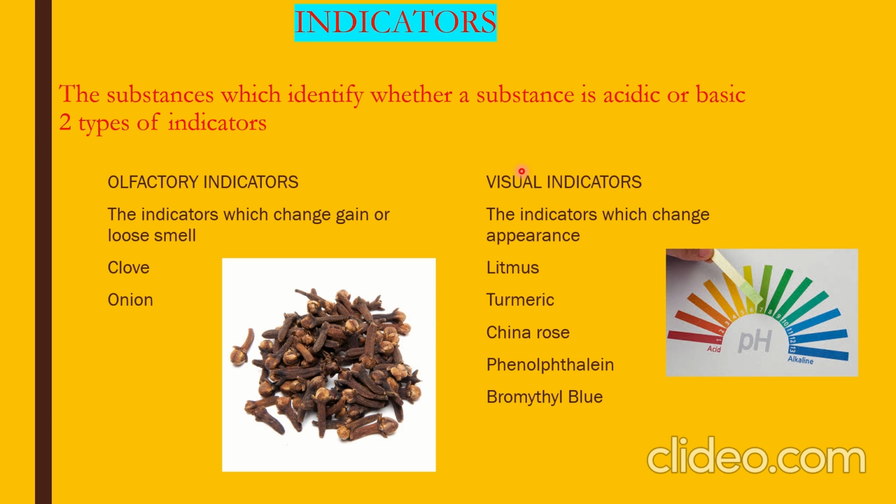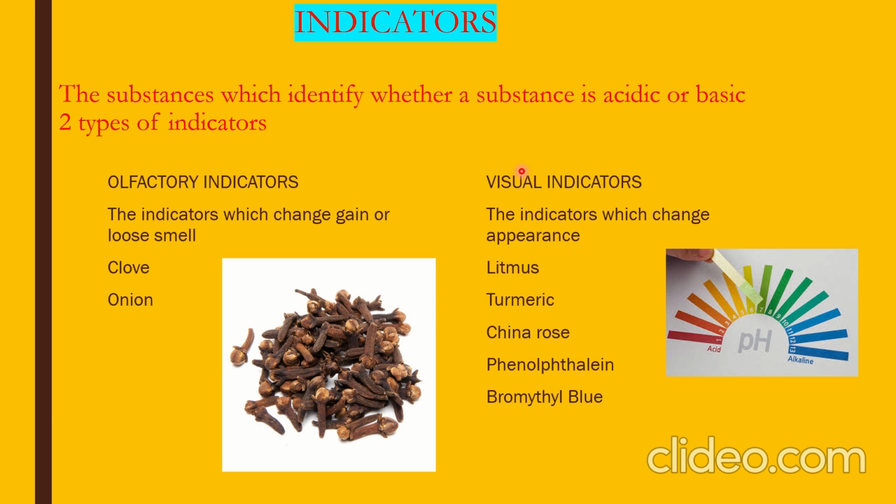We won't go very deep into olfactory indicators because we'll be learning that in higher grades, but for now let's understand that olfactory indicators are the indicators which deal with smell. These need to be substances which have a really strong smell.